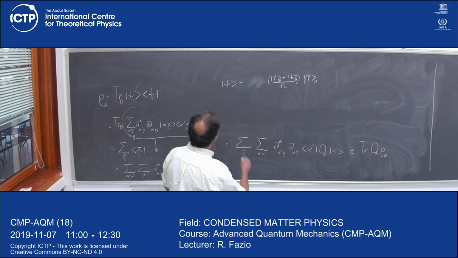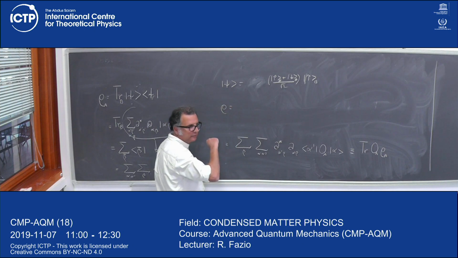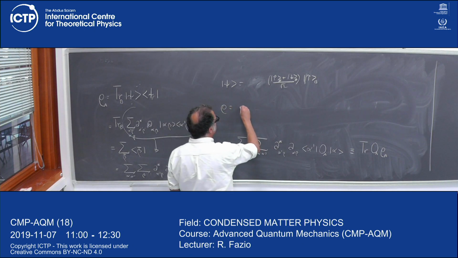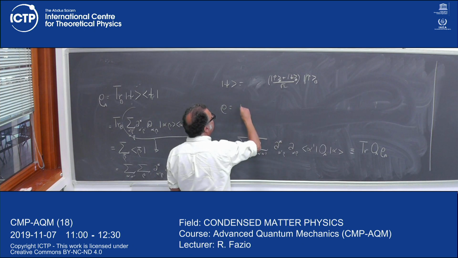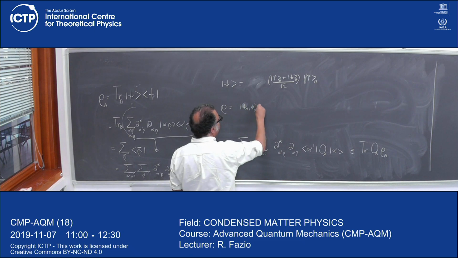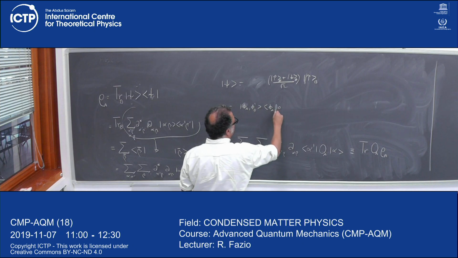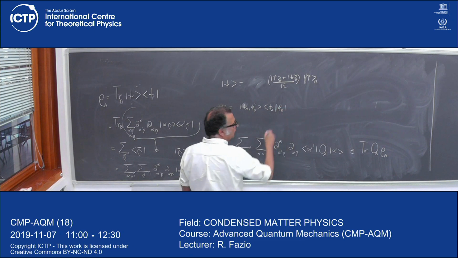Okay. So you can see that like this. The density matrix rho is, so you agree that I can write it like phi A, phi B, phi prime B, phi prime B, okay?